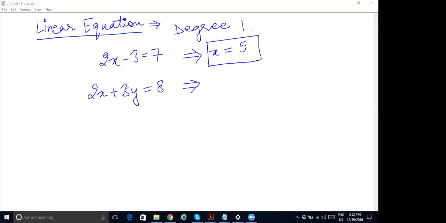The number of solutions will depend on the value of x and y. You can put x as 0 and then get a value of y, and then x can be 1, then y will have another value. Correct. So that means infinite solutions.